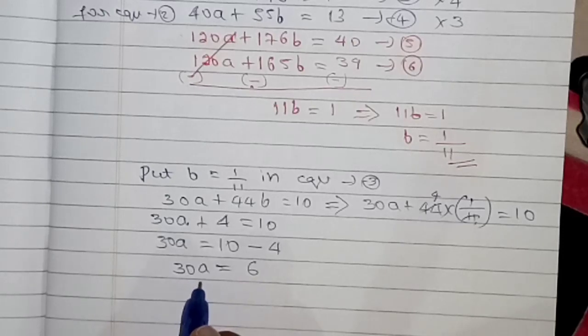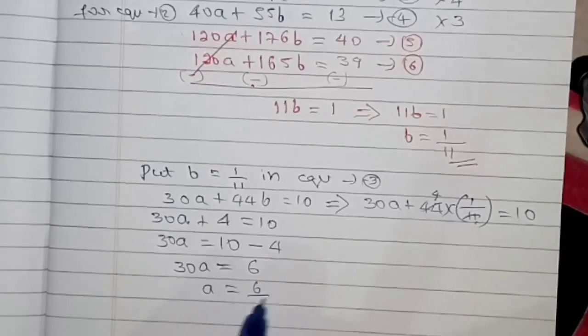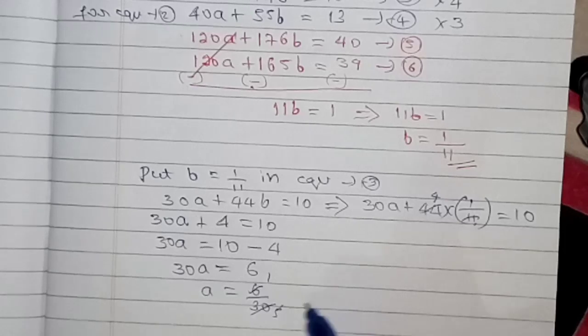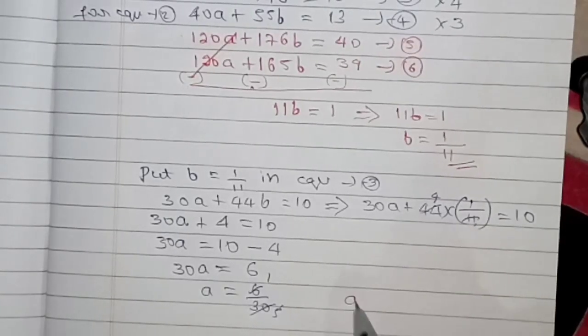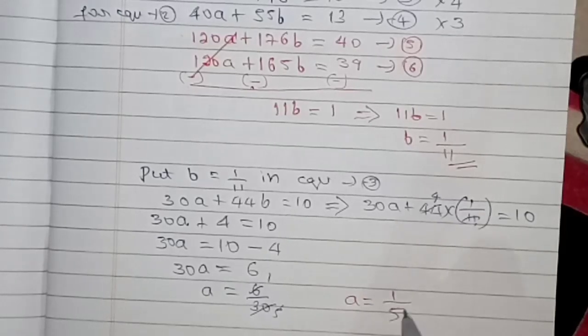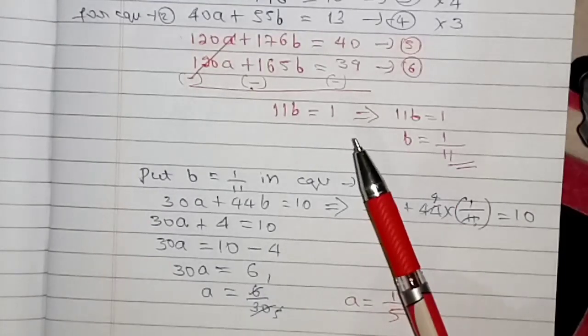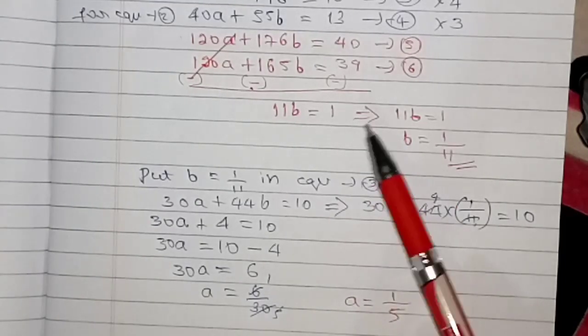So now you need the value of a, so send the 30 to the right hand side, so therefore a is equal to 6 by 30, 6 ones are 6, 6 fives are 30. Now what is the value of a? I'll write here, a is equal to 1 by 5, right children? Now you have found the value of a and b, but you need to find the value of x and y, children.